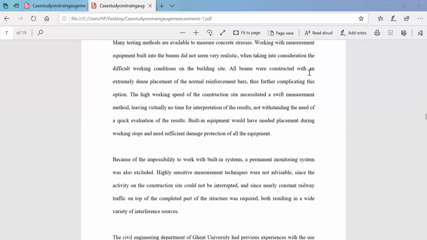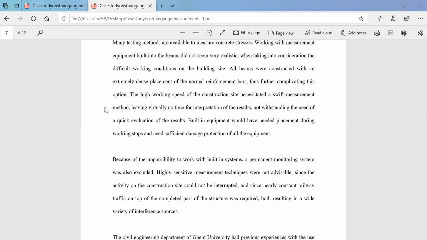All beams were constructed with an extremely dense placement of normal reinforcement bars, because you'll be using the reinforcement bars also as pillars, right? Because all beams were constructed using normal reinforcement bars, which complicated the options, the high working speed of the construction site always necessitates a swift measurement method.